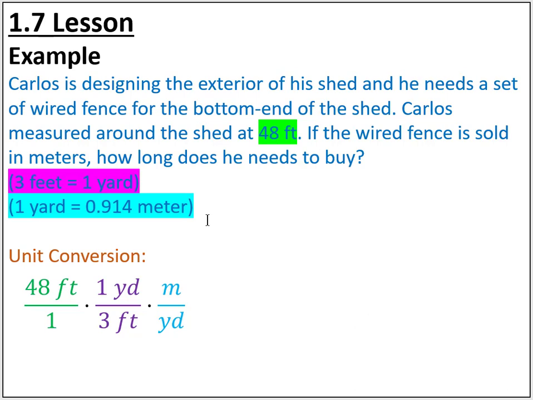For 1 yard, the 1 will be in the denominator, and 0.914 is with meter, so that's going to be in the numerator of the third fraction. So I repeat, 1 will be in the denominator, and 0.914 will be in the numerator of the third fraction.